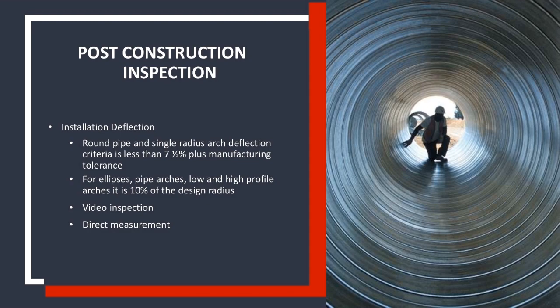And what you'll see is really 2 types of inspection called for: video inspection and direct measurement. Most of the video inspections you will see on small diameters that you can't get into. Once the pipe gets large enough that you can actually get into it and access it, you'll see direct measurement come into play. Typically, that's in the 48 to 54 inch ballpark.